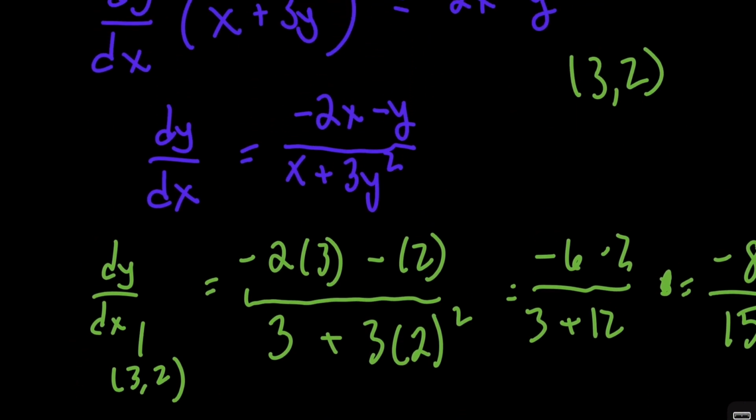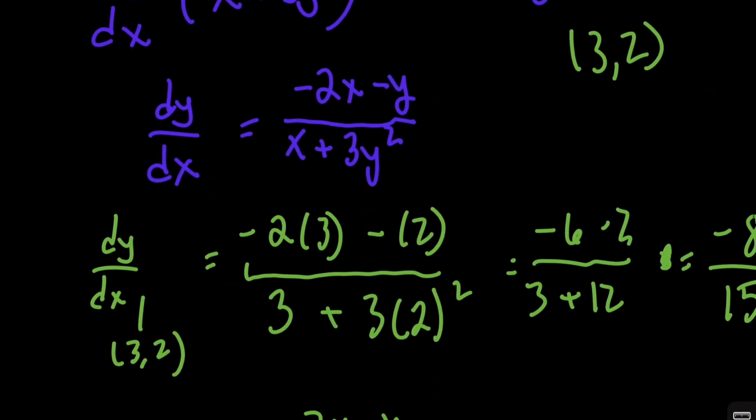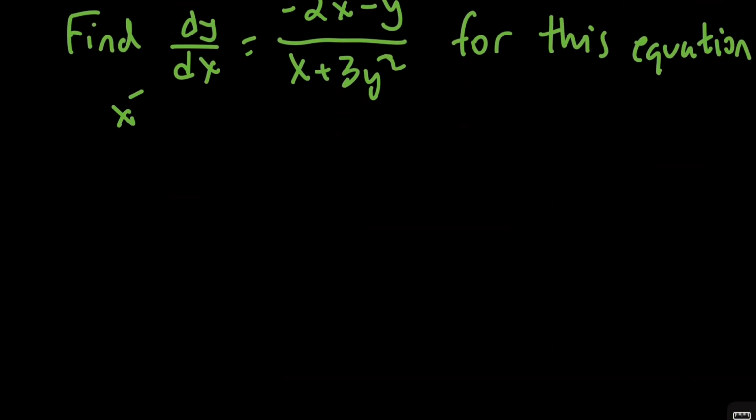And the equation would just be this first equation that we got up there, which was just x squared plus xy plus y cubed equals 6.